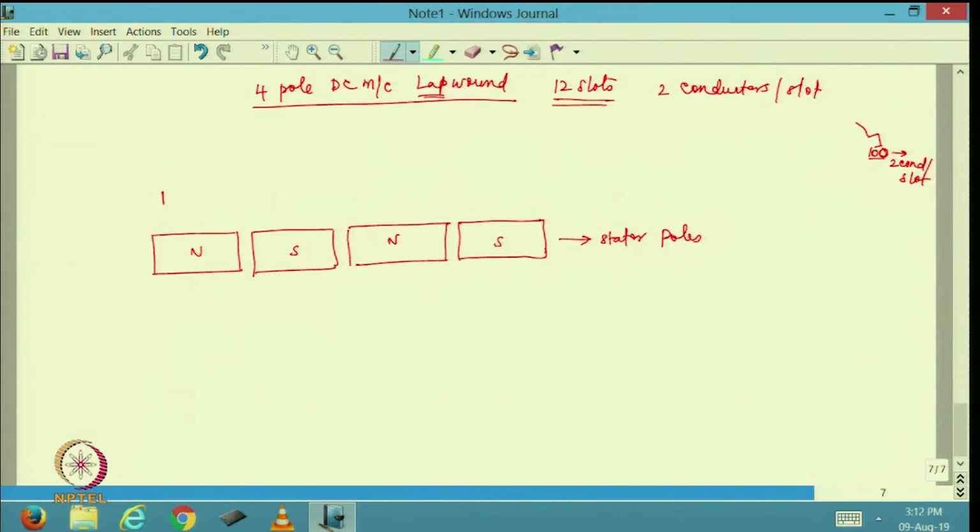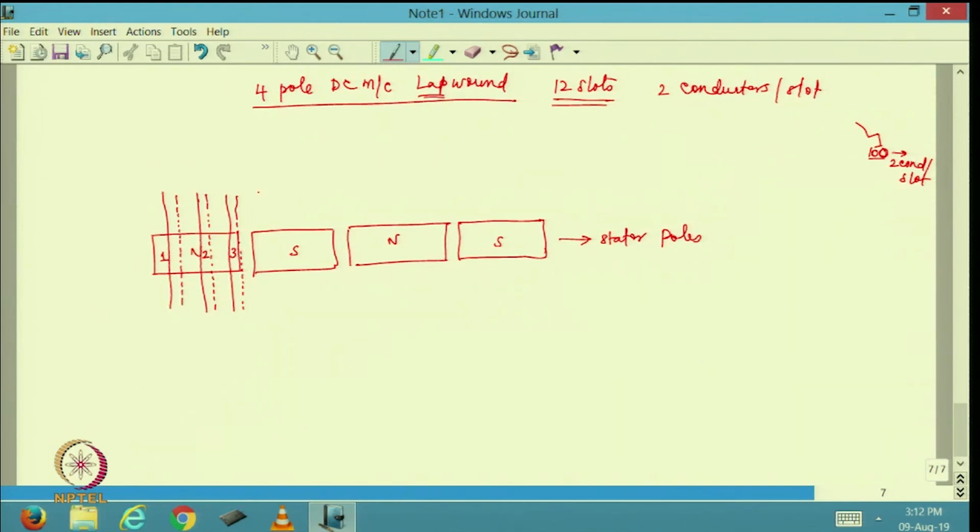So let us say I am going to have a conductor here, another conductor here, and third conductor here. I have to show the back coil and front coil. So I am going to have the back coil dotted and front coil, front conductor solid. So I am essentially showing conductors like this. This is how the conductors are. So this is 1, this is 2, this is 3.